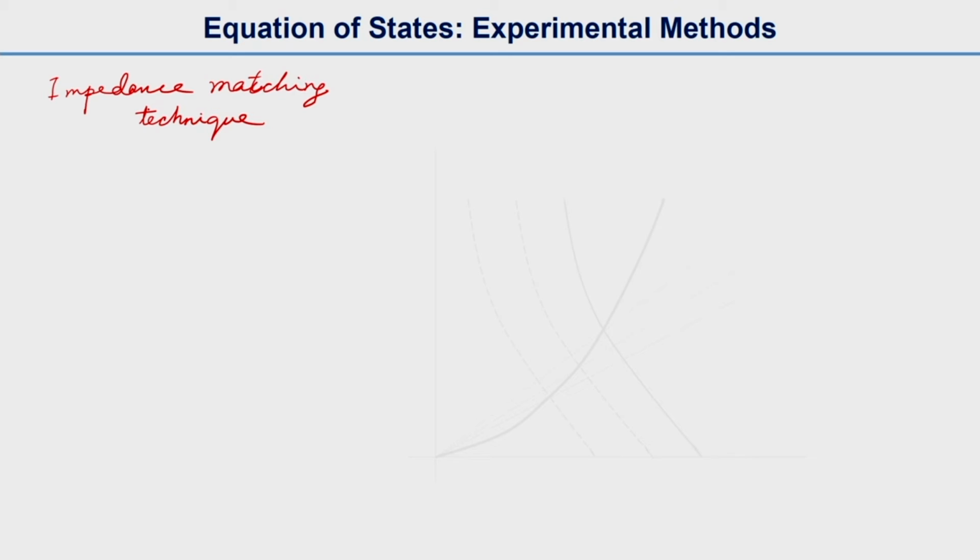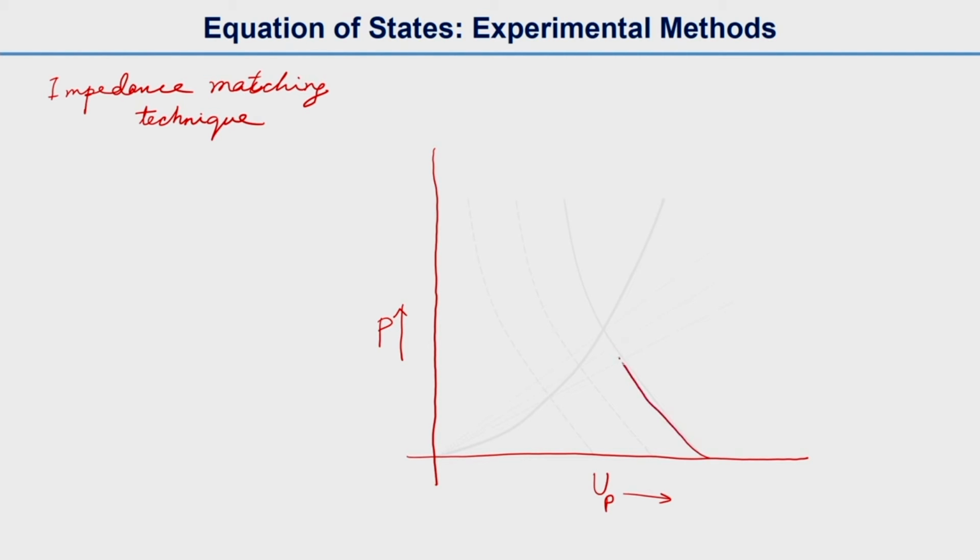What we will do in this case is, this is particle velocity u_p and this is pressure P. We will draw a curve which we call the shock Hugoniot curve.